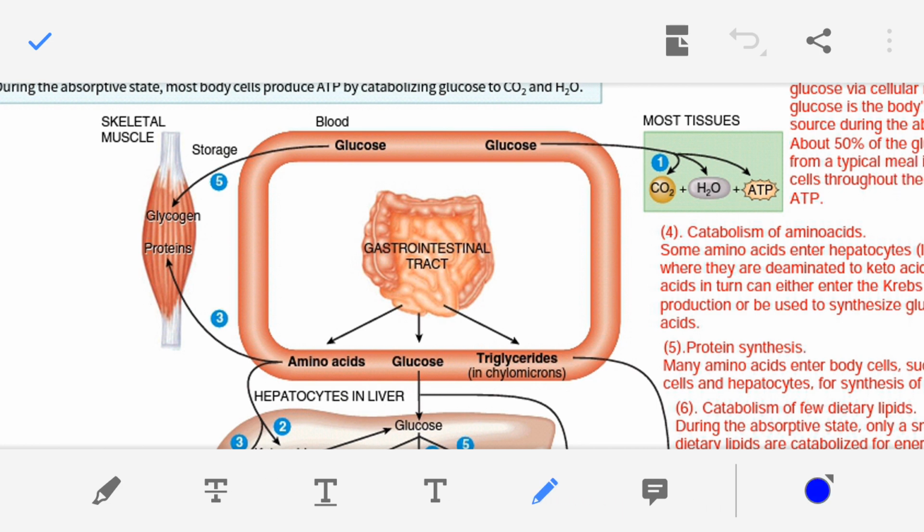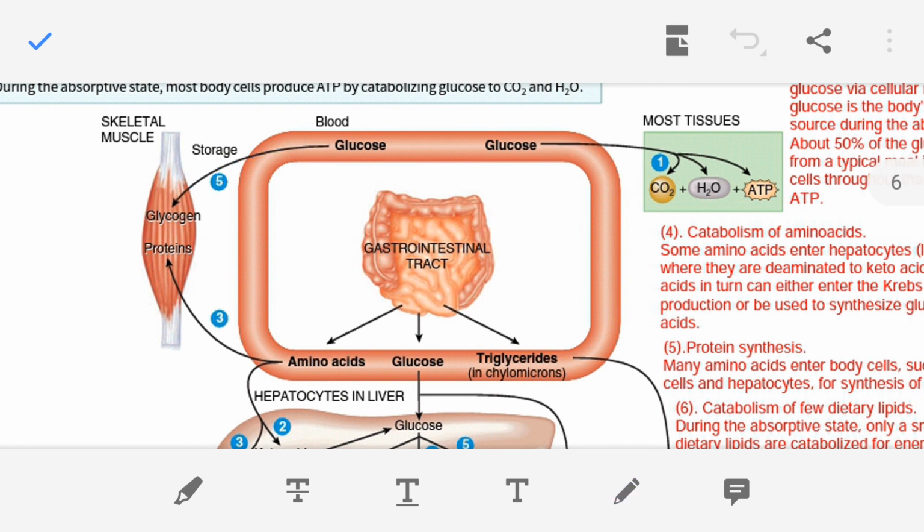So from the blood vessel the glucose, where is this glucose going? Glucose enters into the skeletal muscle cell, and many glucose molecules join together and form glycogen. So in our muscle cell, glucose is stored in the form of glycogen.